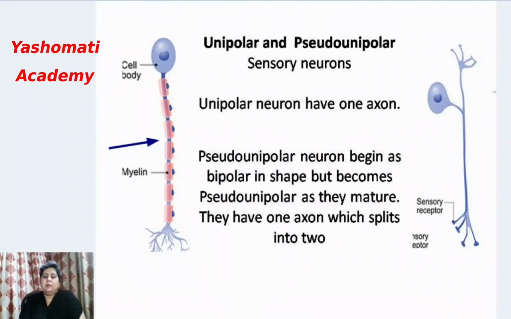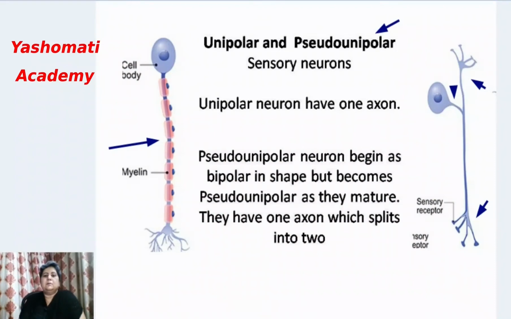But if you look at this picture, you will see that there is one axon coming out of the cell body, but it has two ends. So, it seems to be bipolar, but if you look at the soma, then it seems to be unipolar. Such neurons are called pseudo-unipolar neurons.